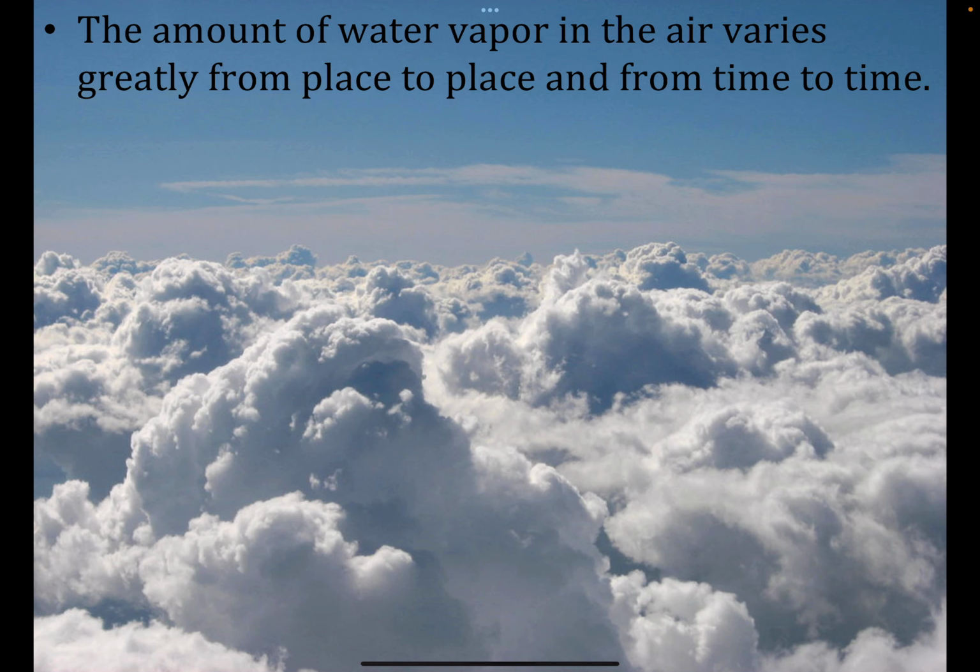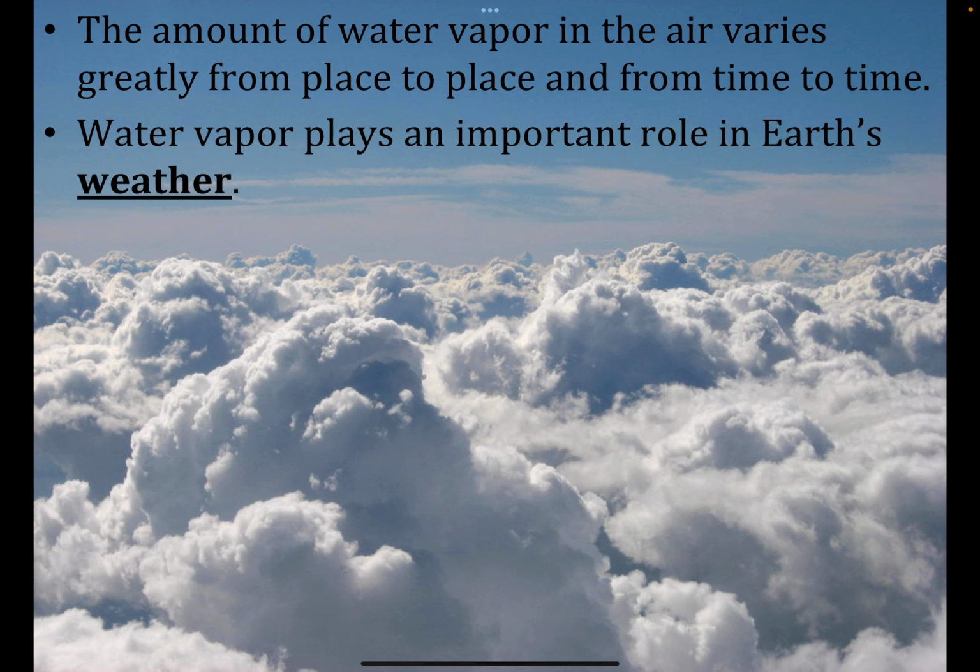All right, so the amount of water vapor in the air varies greatly from place to place and time to time. As you know, different biomes have different types of weather. So that influences the next point. Water vapor plays an important role in the Earth's weather. So the more water vapor in the air, the more likely it is to rain. And we have something else that comes in here.